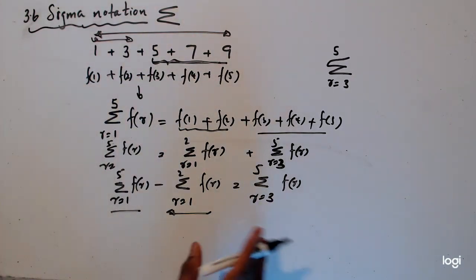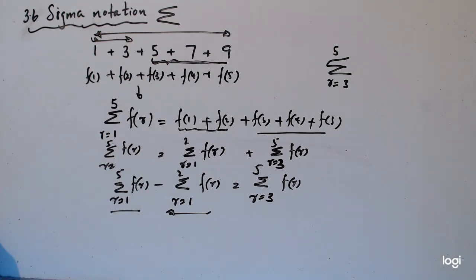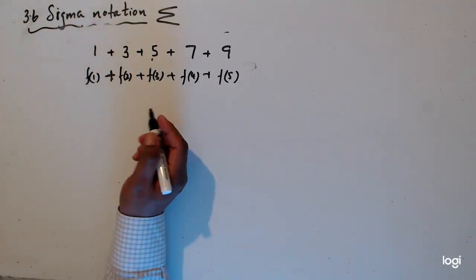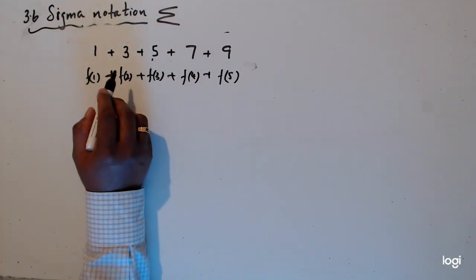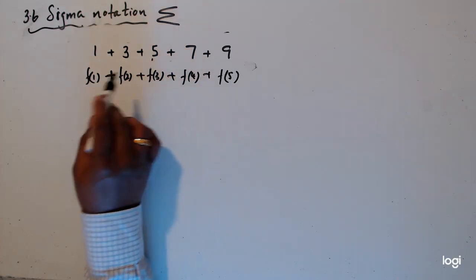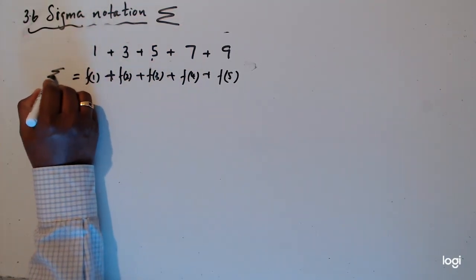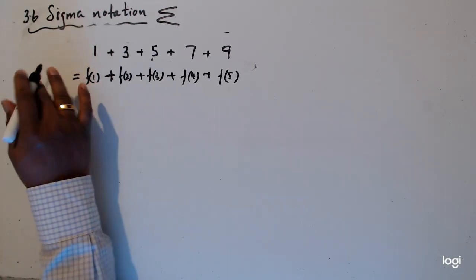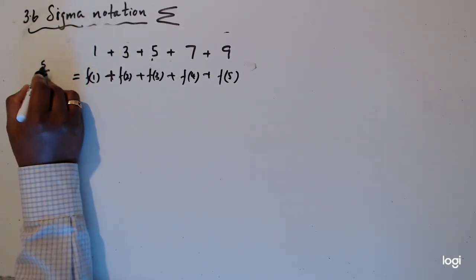So you may need this idea to work out the sums. Now we'll go back to the initial level. So this is 1 and those are the terms. And now we know that we can write simply this one using sigma notation, r equal 1 to 5 f r.